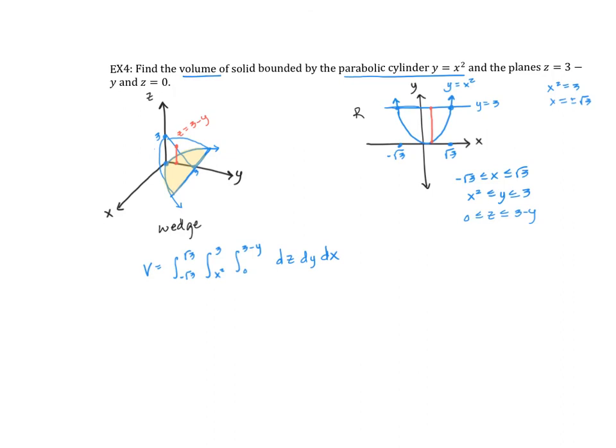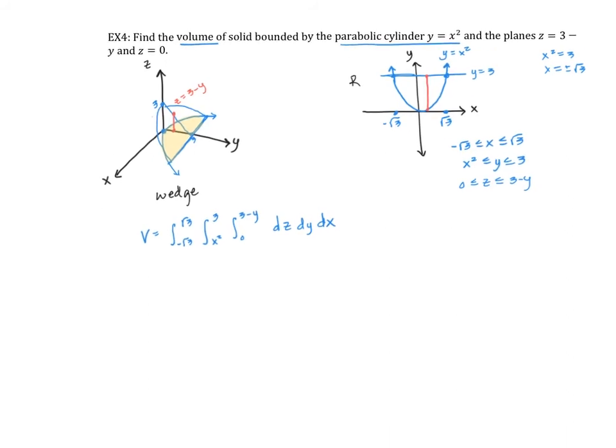Now I could integrate this the way it is, but whenever possible I like to include 0 as a limit of integration. It's going to cut down on my computation. So you notice with this wedge, the volume from x equal to negative square root of 3 to x equal to 0 is the same as the volume from 0 to square root of 3 because of symmetry.